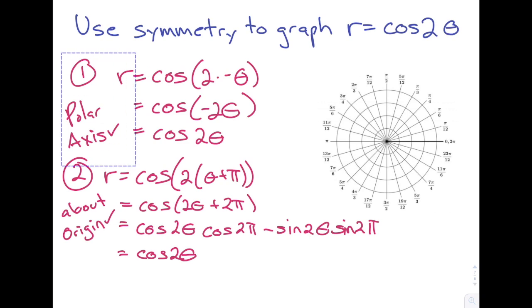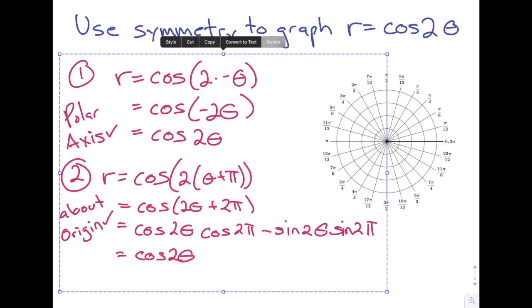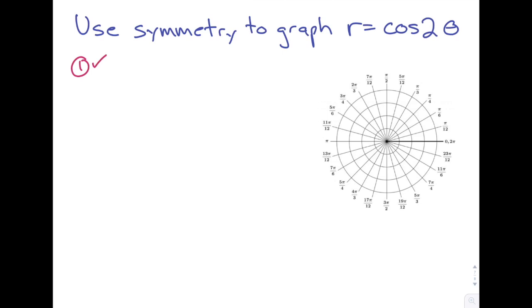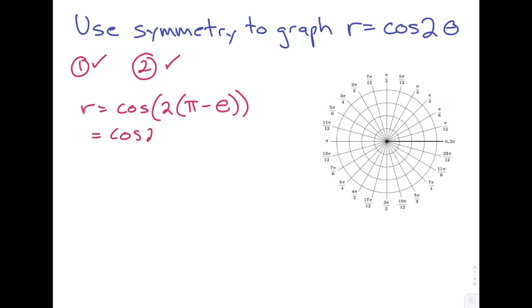And then lastly, I'll just delete these. So we have 1, check, 2, check, and then to find out if we have symmetry about the line theta equals pi over 2, we replace theta by pi minus theta. This gives us cosine of 2 pi minus 2 theta.